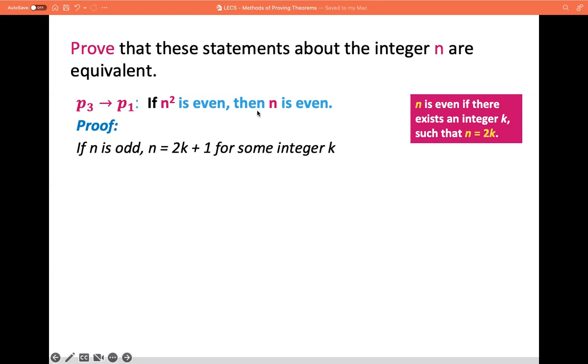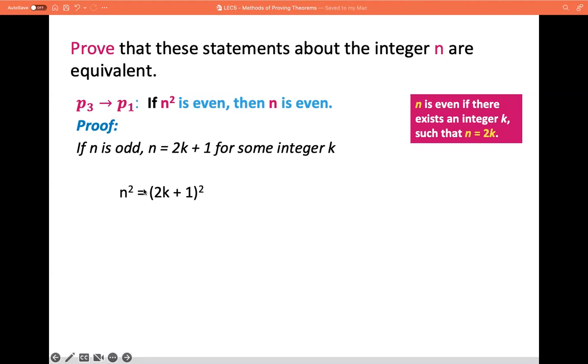So we start with not P sub 1, which is n is odd, assuming that n is odd. If n is odd, then n is equal to 2k plus 1 for some integer k. Using that, we will prove that n squared is odd.